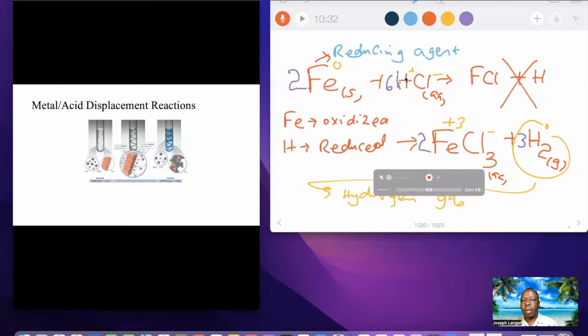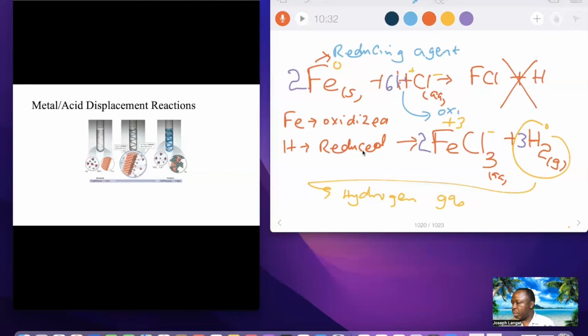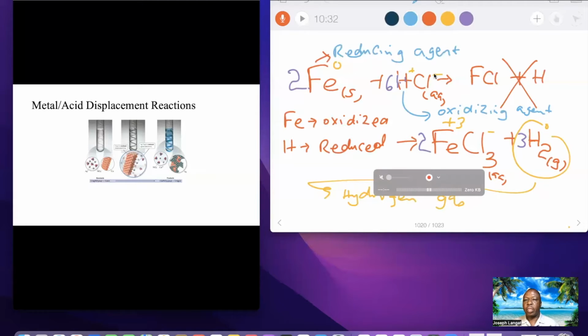Here, hydrogen is gaining electron. We say that it is oxidizing. So here is the oxidizing agent, right? Note that chlorine didn't change, negative and negative, still negative. Each chlorine on the reactant side and on the product side is the same.